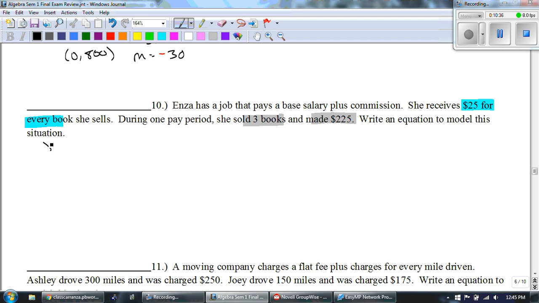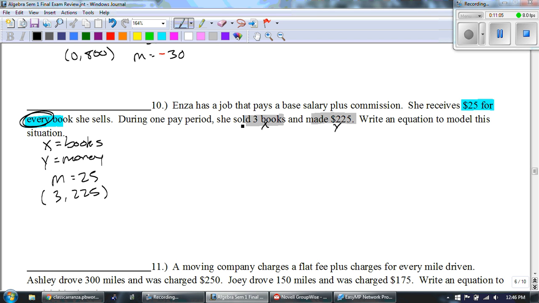The two things they're talking about are the books and the money. $25 has the word every, so that is my slope, but then I have this point (x, y), so (3, 225).